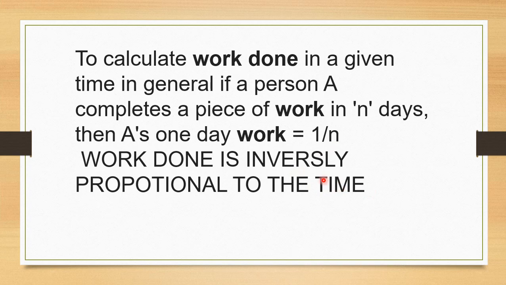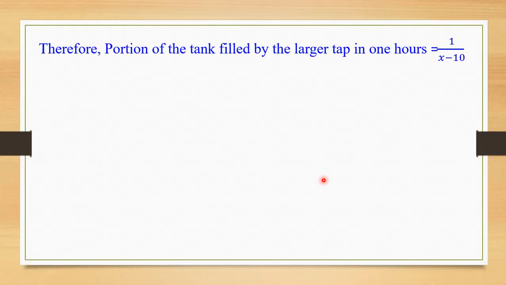So for the larger and smaller tap, we have understood that x time is taken by the smaller tap and x minus 10 hours by the larger tap to fill the tank separately. Again, the portion of the tank filled by the larger tap in 1 hour will be 1 upon x minus 10.